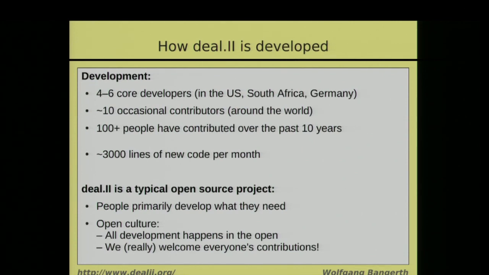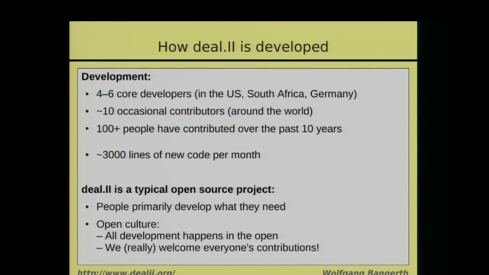Over the course of the last 10 years, we had contributions from more than 100 people. With all of these people working on this joint project, the code grows at roughly 3,000 lines per month, a number that has been steady for the last more than 10 years.